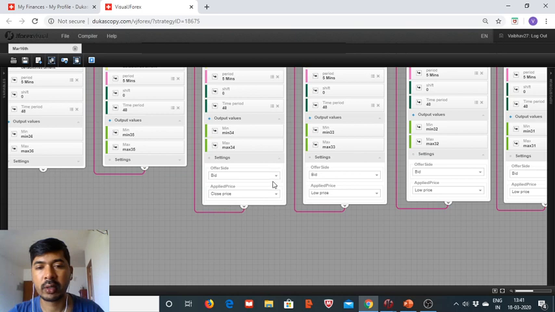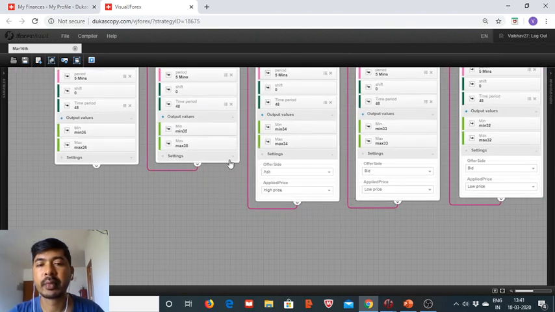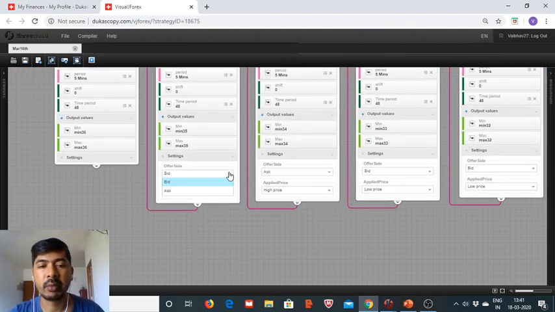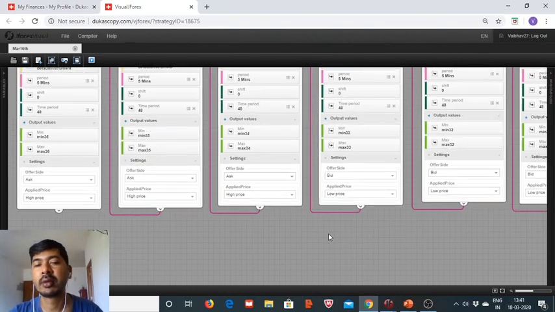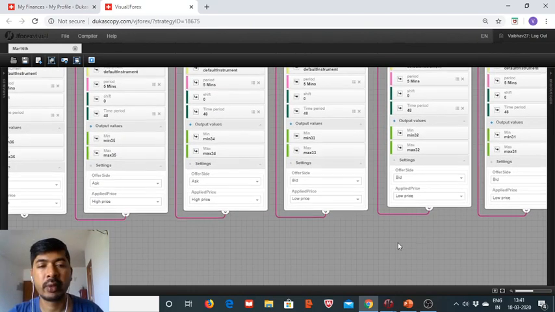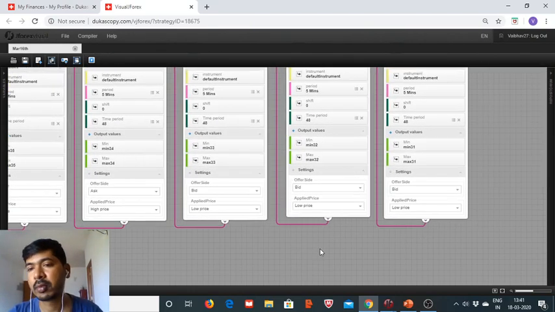Then we convert the bid side to ask and we apply the high price. Similar story here, ask and high price, again ask and high price. Okay, so these things are clearly visible to you, I hope.